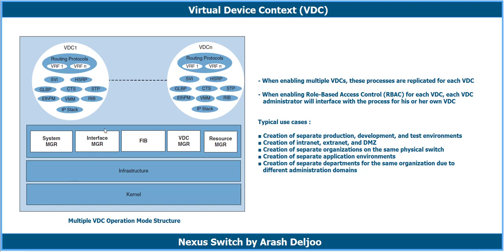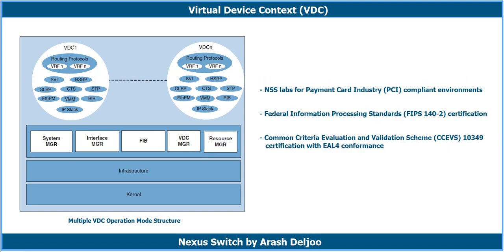Here you can see multiple VDC operation mode structure, VDC1, VDC2. In VDC1 we have routing protocols, VRFs, SVI, HSRP, GLBP, CTS, STP, and other features. And in other VDCs also we have all of these features. VDC separation is industry certified.